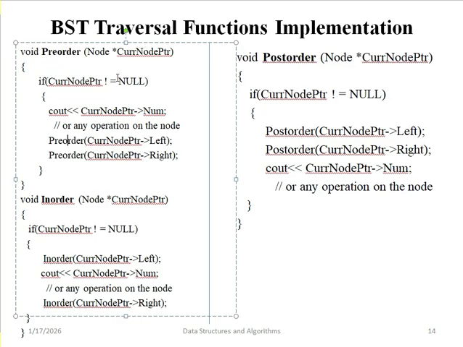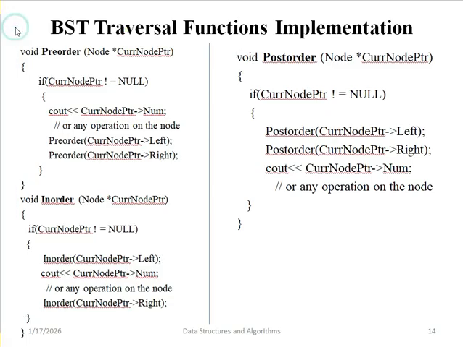They continue until they reach the terminal node and the whole tree is traversed, displaying the content of each node. So each of those traversal operations is implemented in this way.